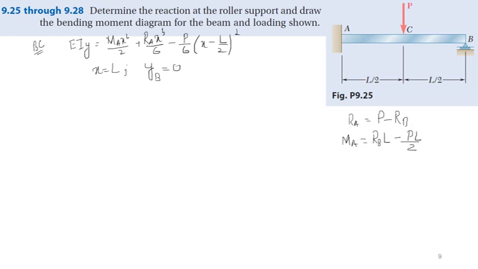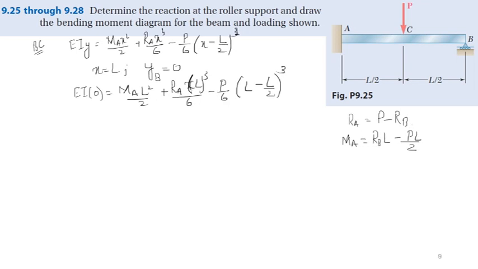So this equation will be EI times 0 equals MA L square by 2 plus RA L cube by 6 minus P by 6 times L minus L by 2 whole cube, not square, sorry, this is cube.